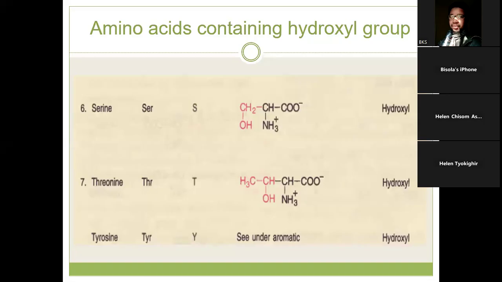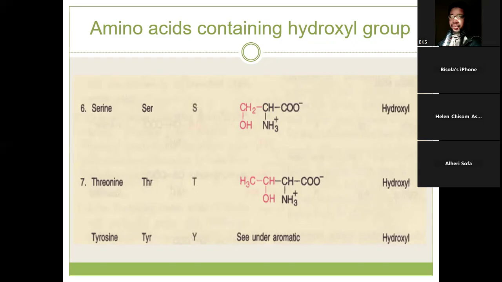Yes, sir. Good, Alec. So, what happened in the case of tyrosine is you have a benzene ring attached to a hydroxyl group. And when we have a hydroxyl group attached to benzene ring, what do we call it? We call it phenol, right?